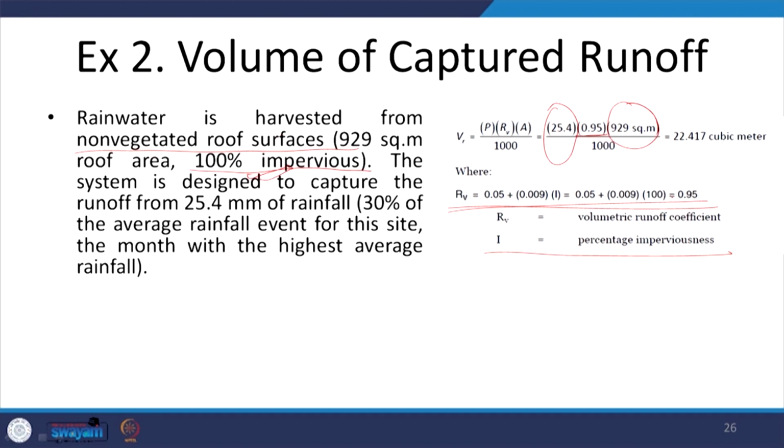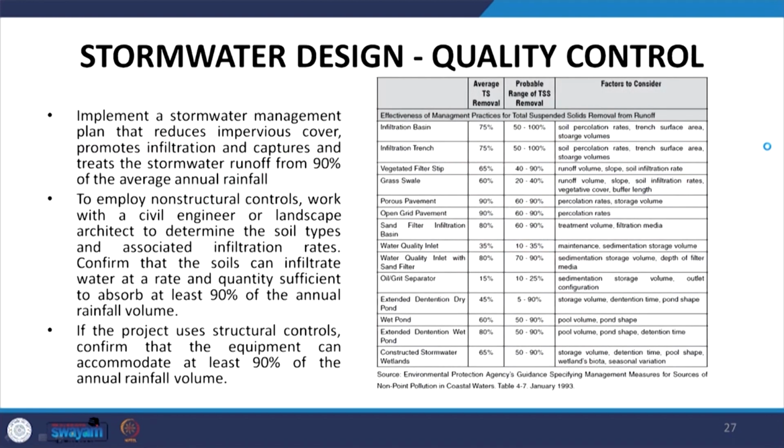We calculate and get a runoff coefficient of 0.95. So, it means that 95% of the water which is received will actually be running off, and we calculate the total captured runoff.